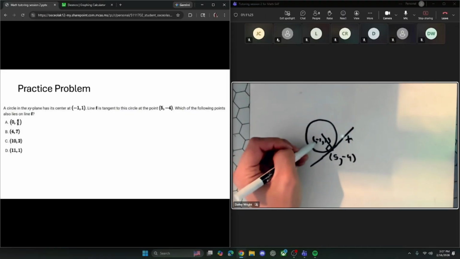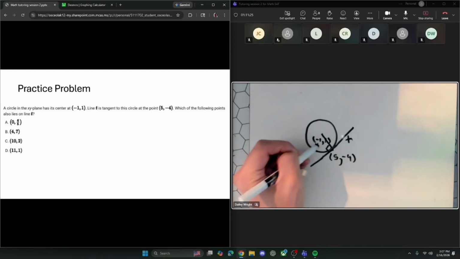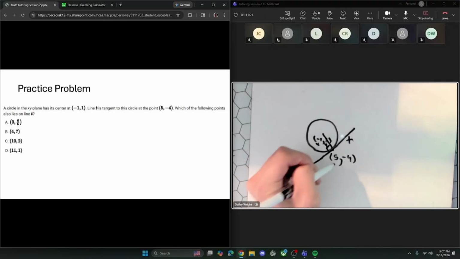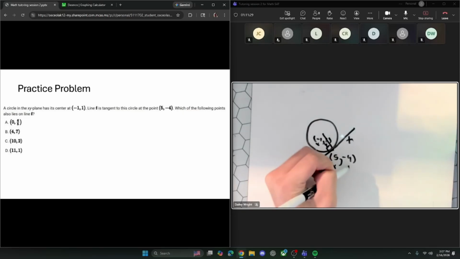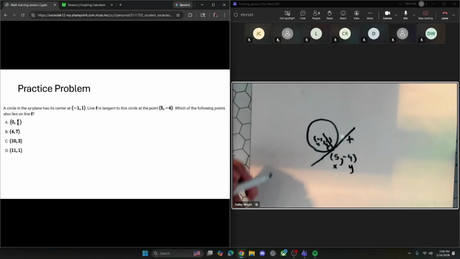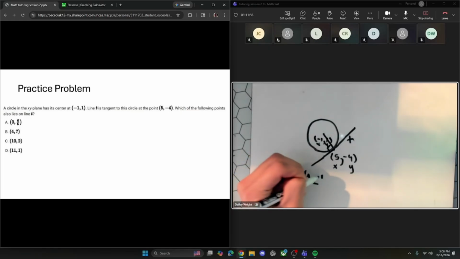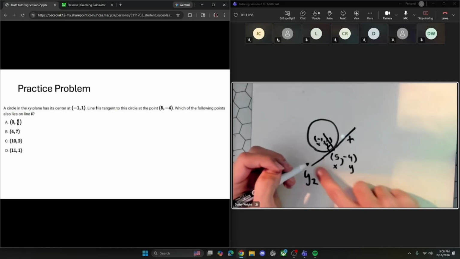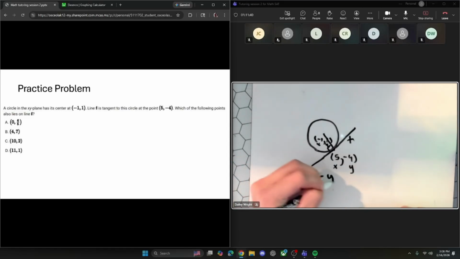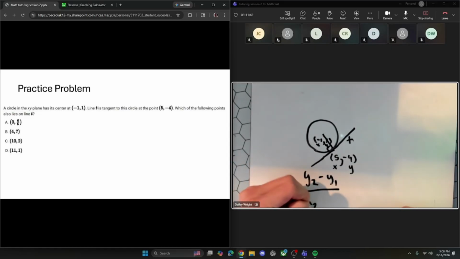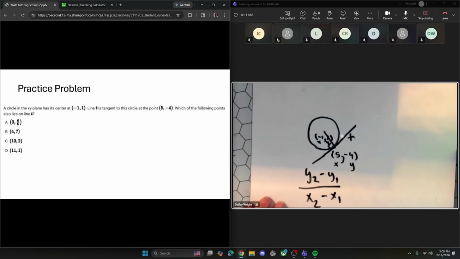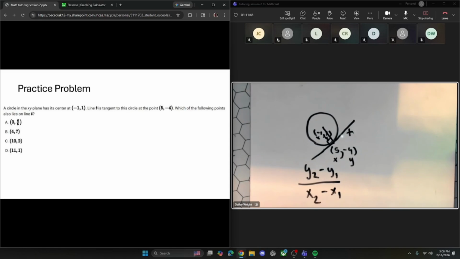So we have (negative 1, 1). This is x, this is y. And then (5, negative 4). This is x and this is y. To find the slope, we use a slope equation, y2 minus y1 over x2 minus x1. If you guys don't know this equation or need help reviewing or understanding this equation, just let me know.